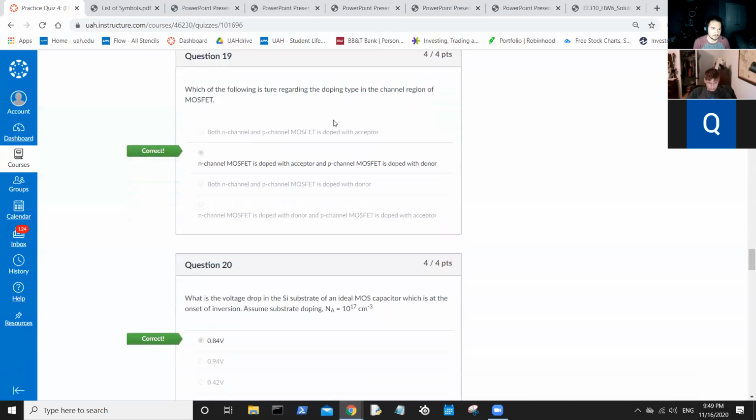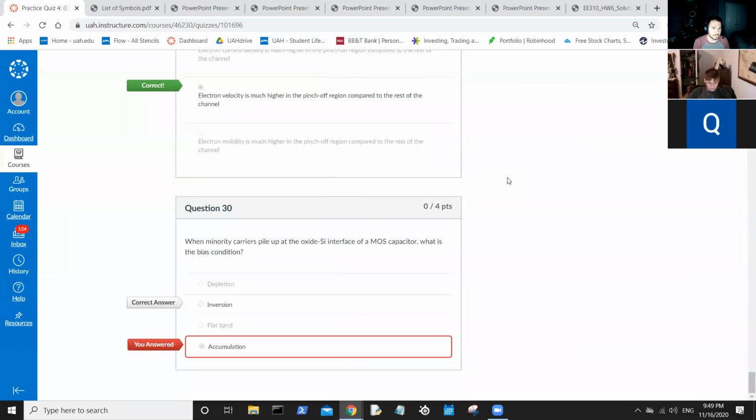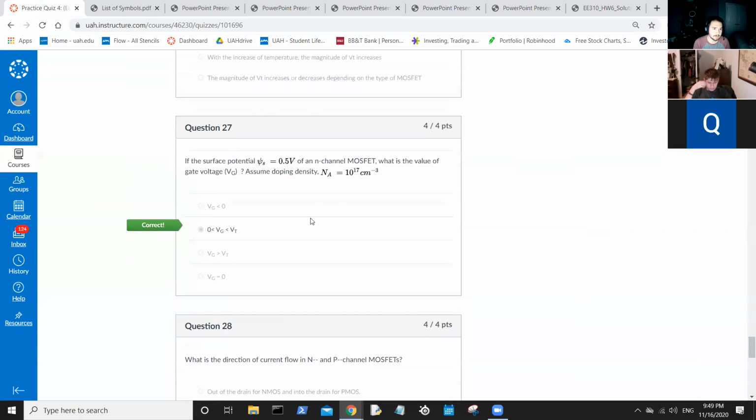So we haven't had any questions so far, so I'm going to scroll down to the one question we got wrong. Of course, it's the last question. When minority carriers pile up, so this is why I got it wrong, because I said pile up, and yep, that's a problem. I think it's minority carrier. Let me look at something.